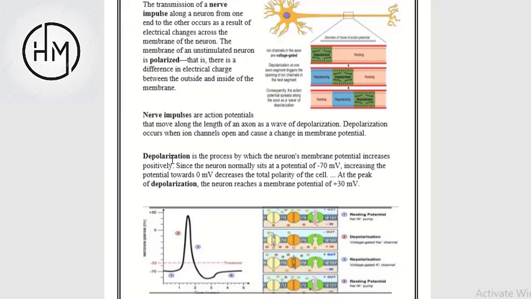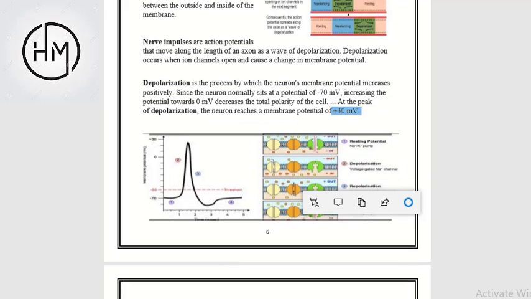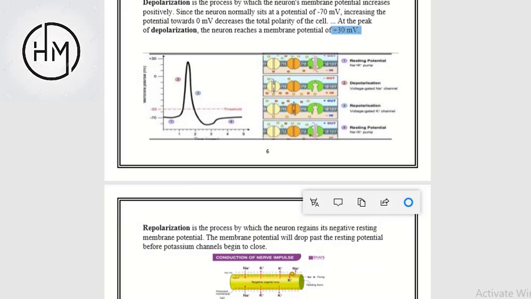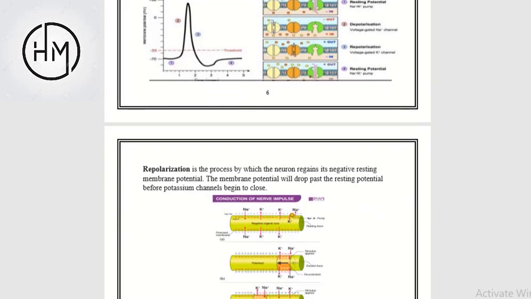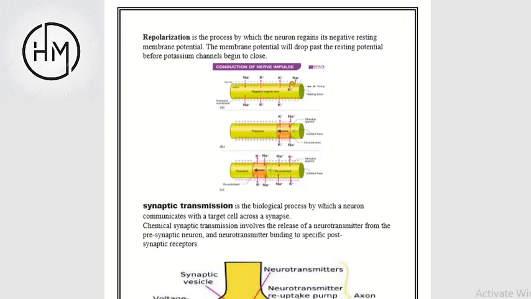When the stimulus happens, the action potential, or the difference in potential between outside and inside the cell, changes from negative 70 millivolt to positive 30 millivolt by the opening of sodium potassium channels and sodium inflow from outside the cell to inside the cell.